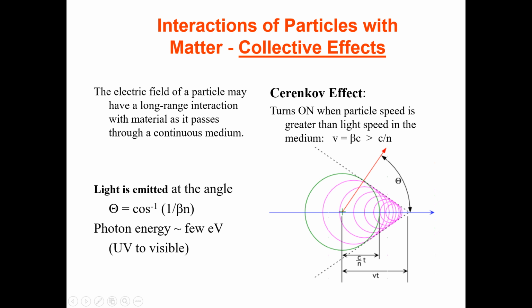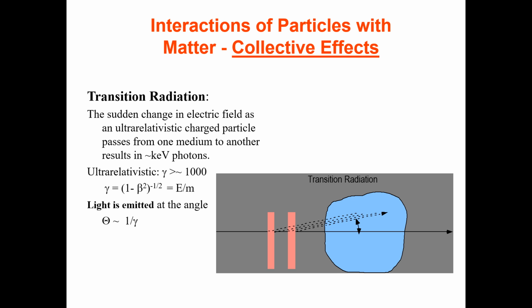Here you can observe this is the θ at which the light is emitted. The photon energy should be a few electron volts, which means it should be from the ultraviolet to the visible range. The light energy should lie in this range.